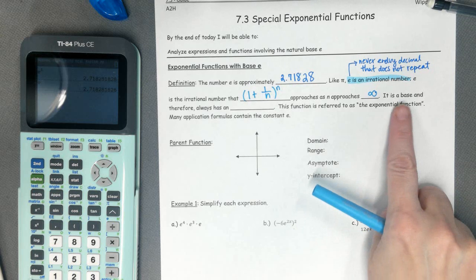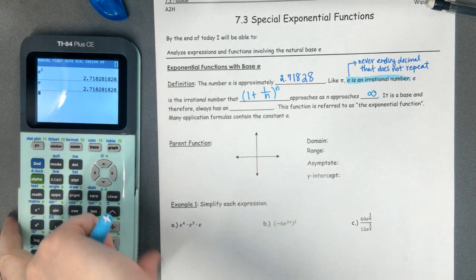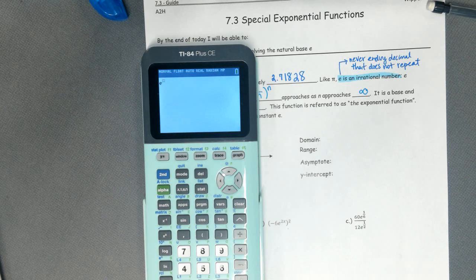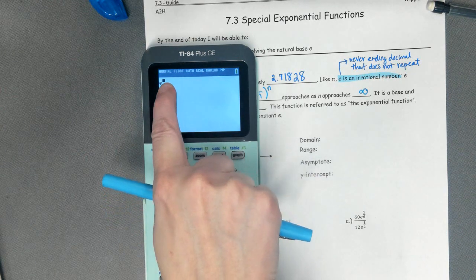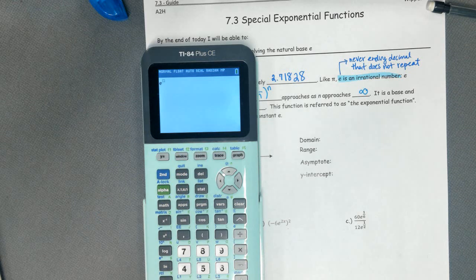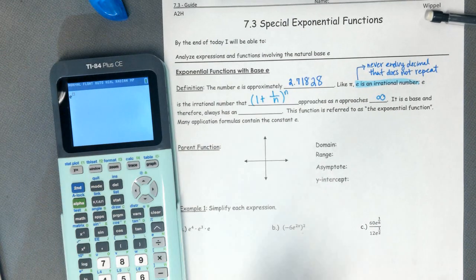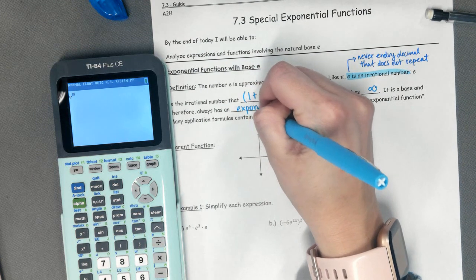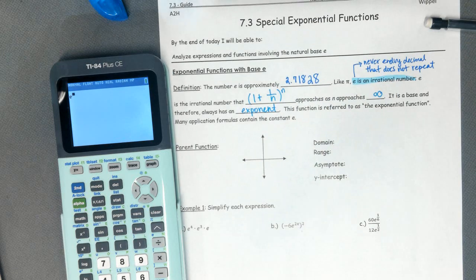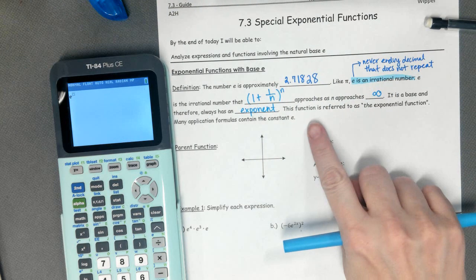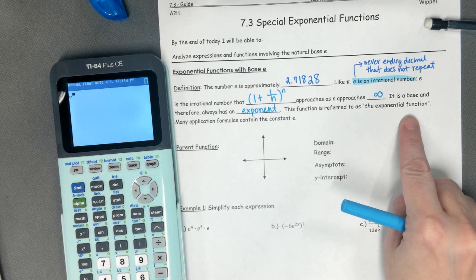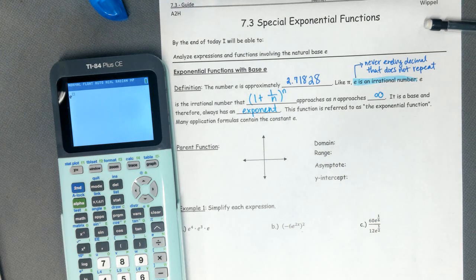Okay, now e is a base. So if you notice when you press that first button, e to the x, you automatically got an exponent here, or you got the little caret symbol so that you could put in an exponent. Okay, so the base of e is always going to have an exponent. Okay, and this function is referred to as the exponential function.